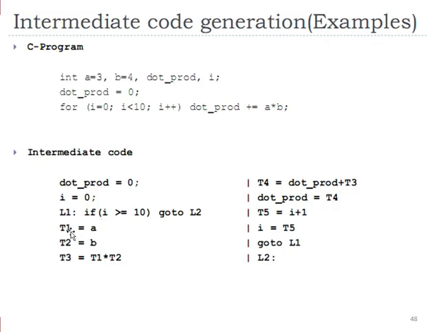Otherwise it will perform the body, creating temporary variables: T1 equal a, T2 equal b, then T3 equal T1 times T2.